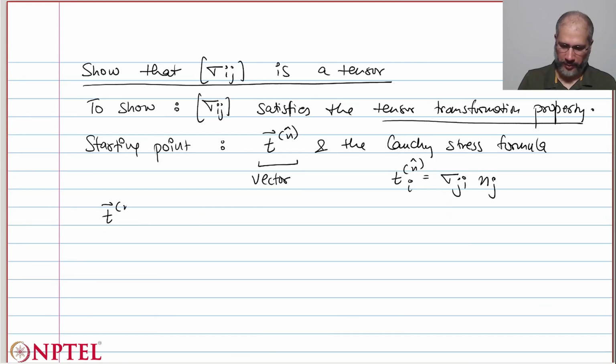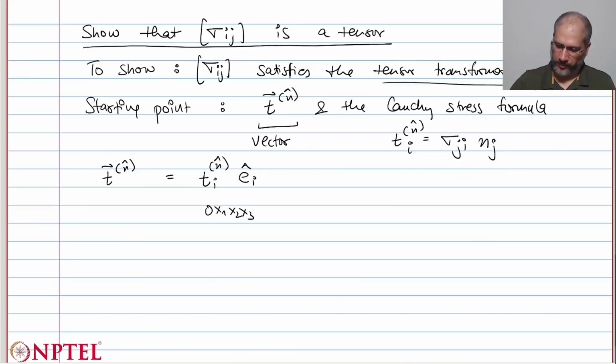Now the traction vector along the n hat cutting plane can be written as T_i e_i if I was expressing this in the O, x1, x2, x3 coordinate axes.